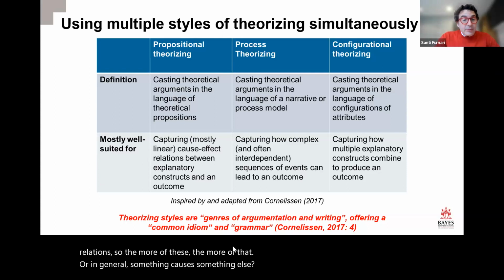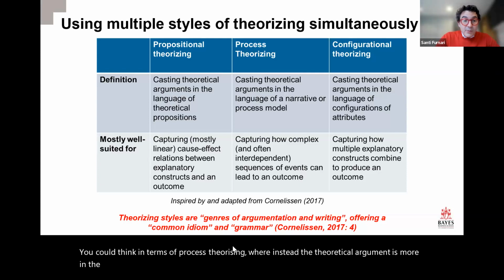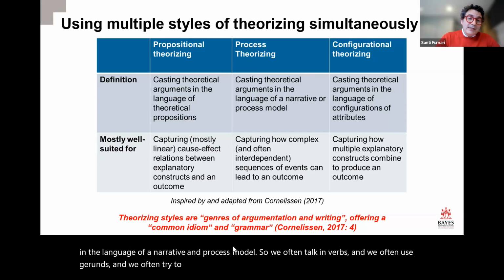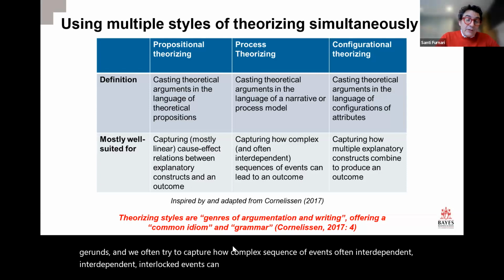You could think in terms of process theorizing, where instead the theoretical argument is more in the language of a narrative and process model. So we often talk in verbs, and we often use gerunds, and we often try to capture how complex sequences of events, often interdependent, interlocked, events can lead to an outcome of interest.